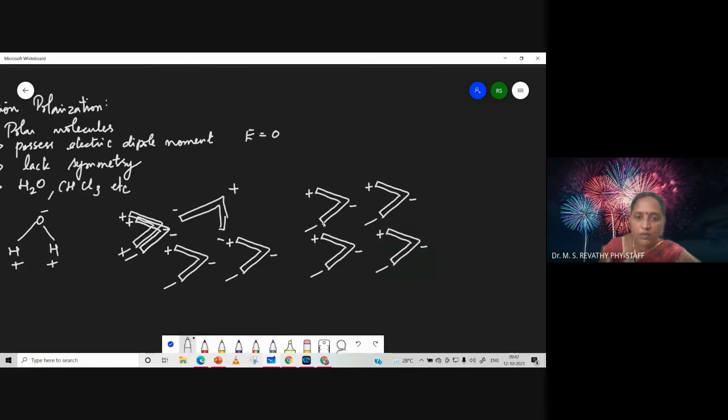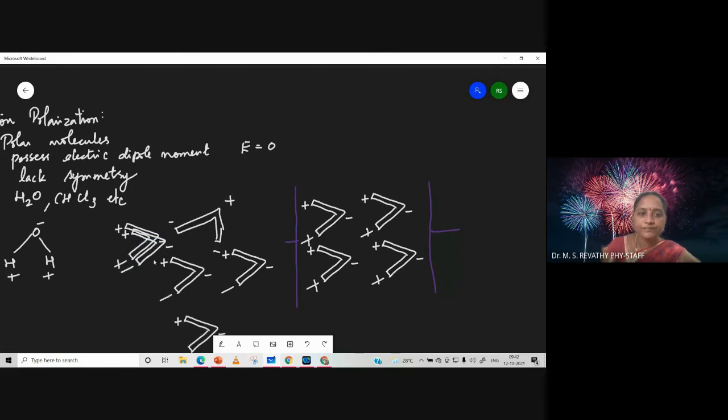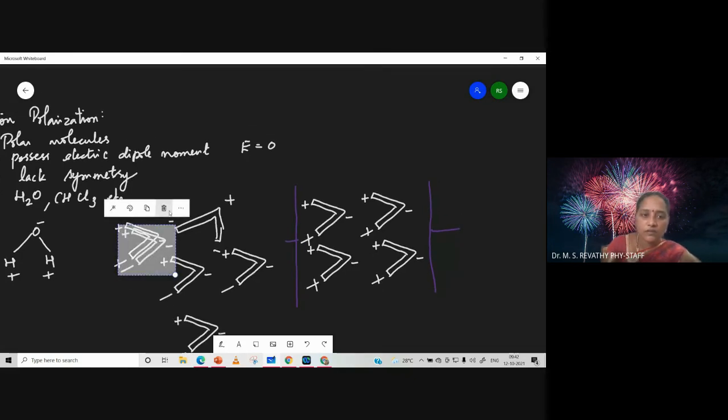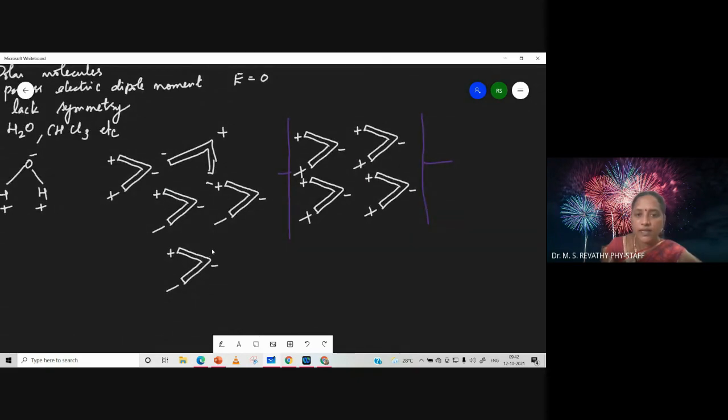So all the positives will be in one direction, all the negatives will be in another direction. If I place an electrode like this, okay, this is an electrode. So this is in the absence of the external electric field, all will be oriented in random directions. Several molecules I just put over here. Okay. So the first one is in the absence of the external electric field, the second one is with the field.